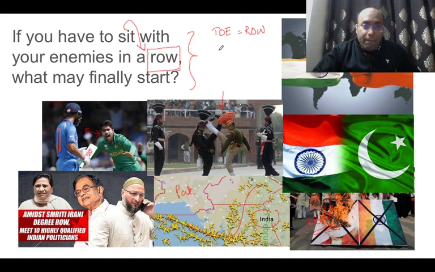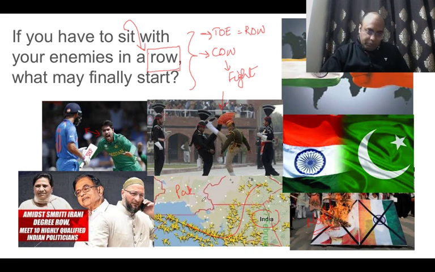But if it is pronounced as cow, it means a fight, right? So this pronunciation gives us a different meaning. The second pronunciation gives us the meaning of a fight, right? That turns into a fight. So row is a fight, right?